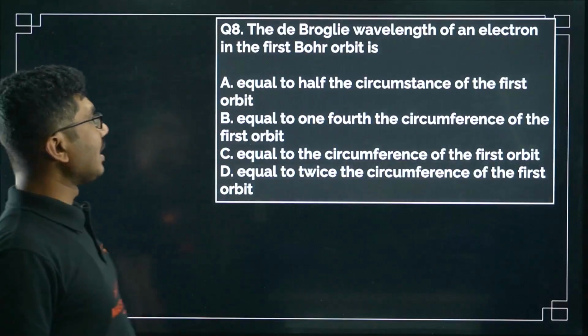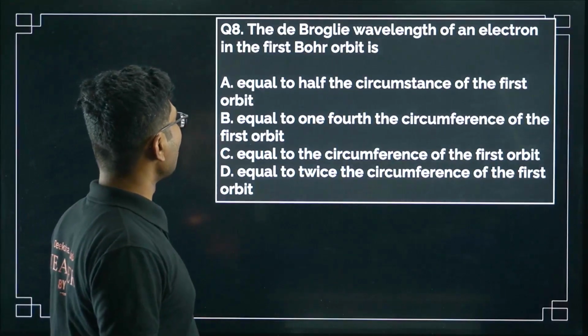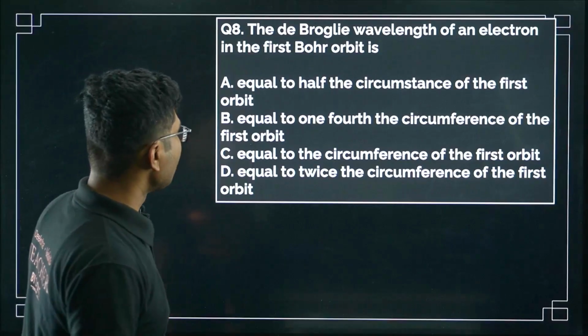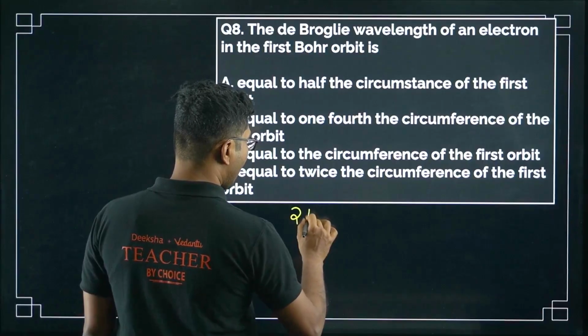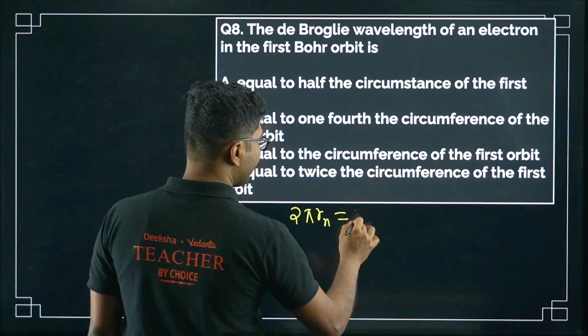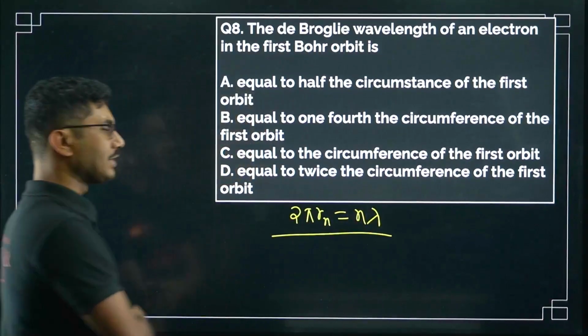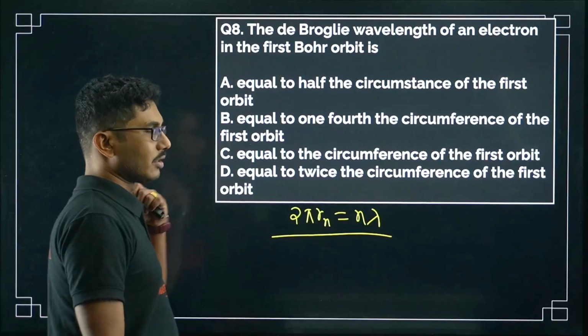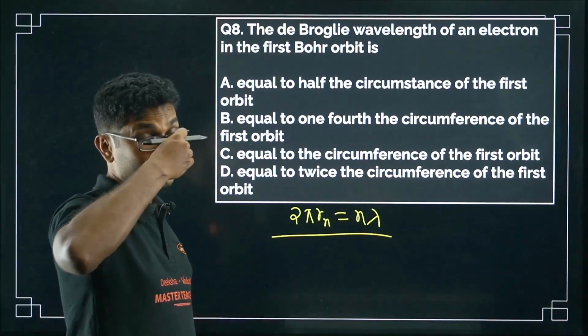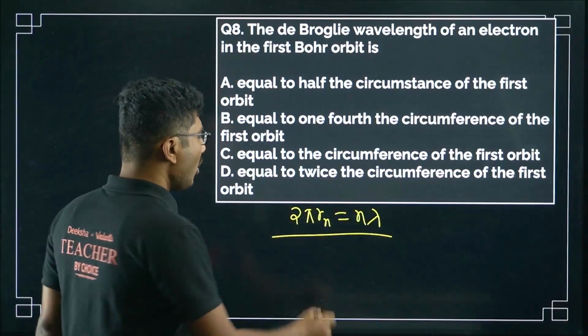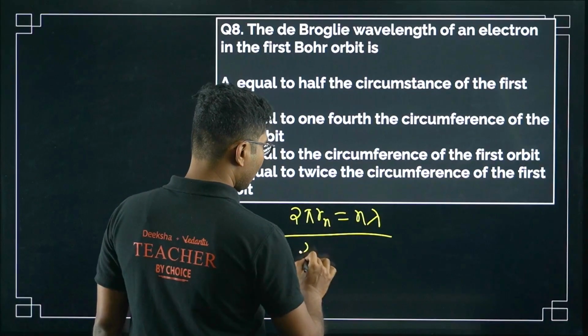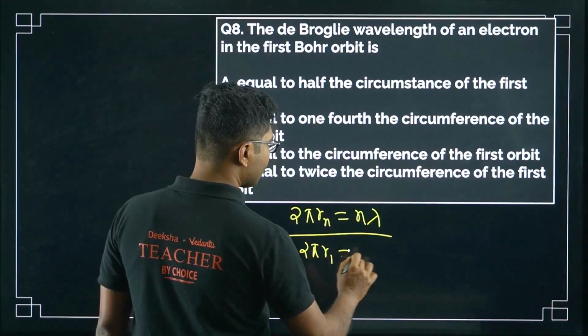The de Broglie wavelength of an electron in the first Bohr orbit is equal to what? So de Broglie wavelength is basically 2 pi r n equals n lambda. That was de Broglie's hypothesis about Bohr's quantum mechanics, Bohr's third postulate. So he even derived that postulate from there. For the first orbit, 2 pi r 1 equals lambda.